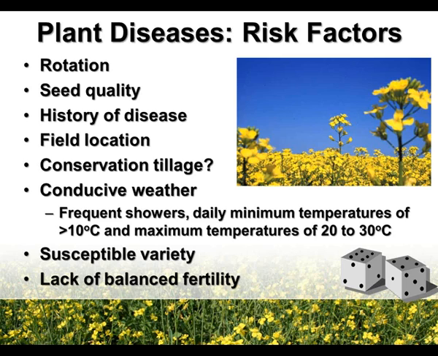In general, a single year of a non-host crop between the crop that you're interested in is typically not long enough to see the maximum benefit from crop rotation. So you need to be looking at at least a 2-year break between host crops to start to see a large impact as far as rotation.